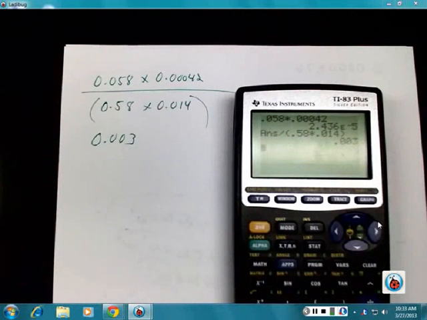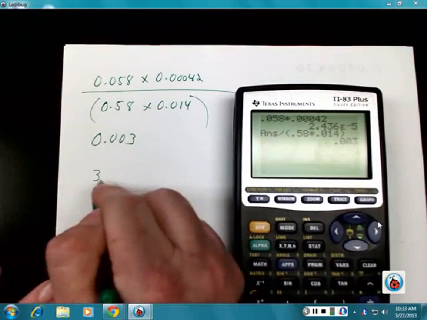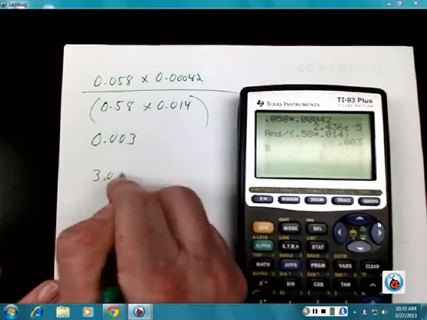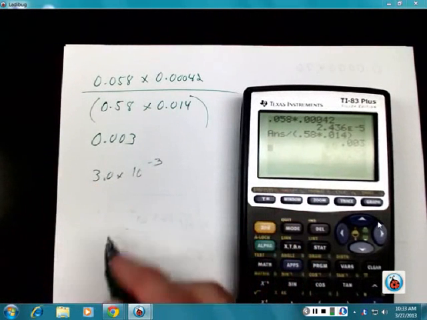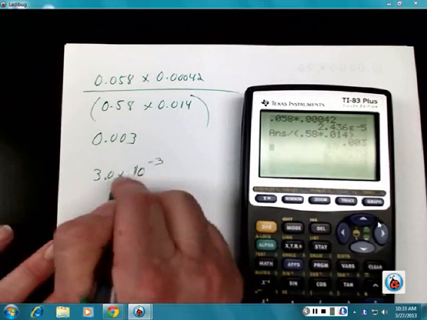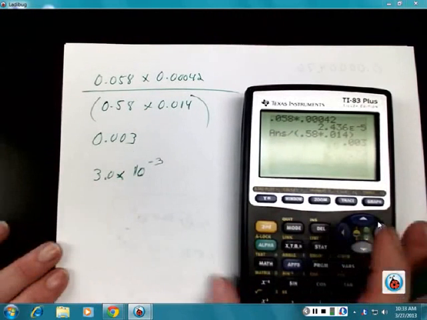But if Hawks says put it in scientific notation, and I put this into Hawks, it's going to say not in scientific notation. So I need to adjust it over 2, or 3 spaces I should say, and end up with 3 times 10 to the negative 3rd. Can't we do it without? Yeah, we'll do it that way, without putting it in there.